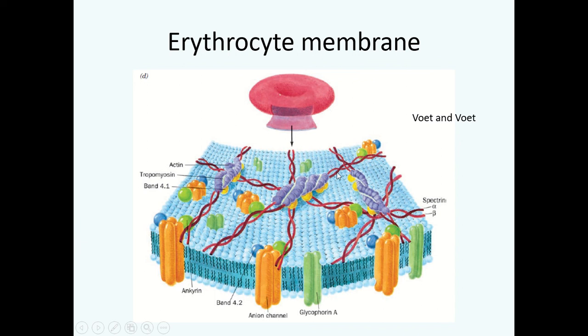You can see many different types of proteins which are associated with the lipid bilayer. The lipid bilayer is represented in blue color. One of the important proteins represented here is a cytoskeletal protein called spectrin.